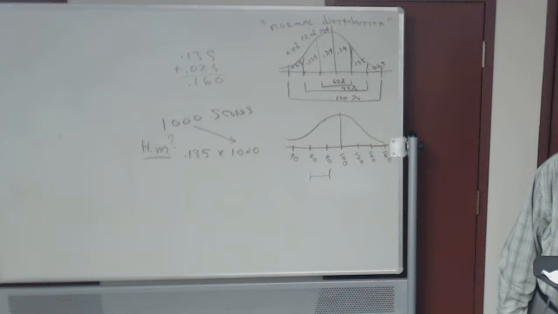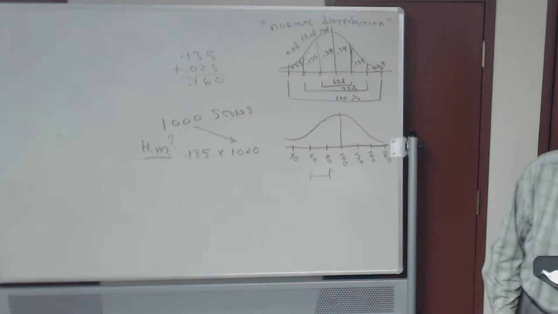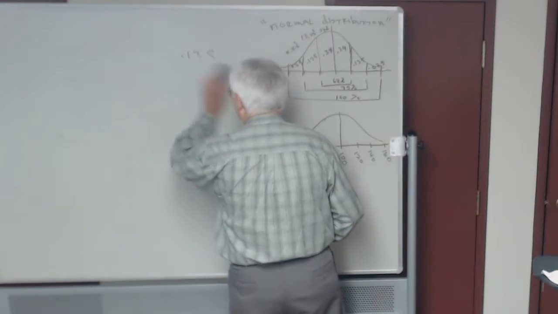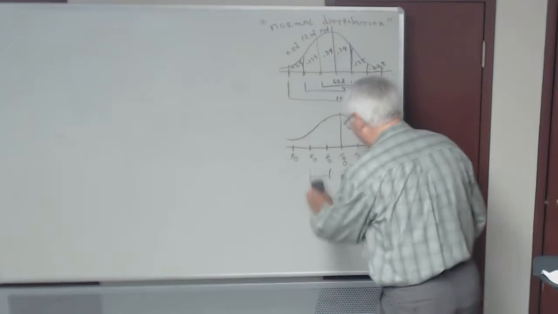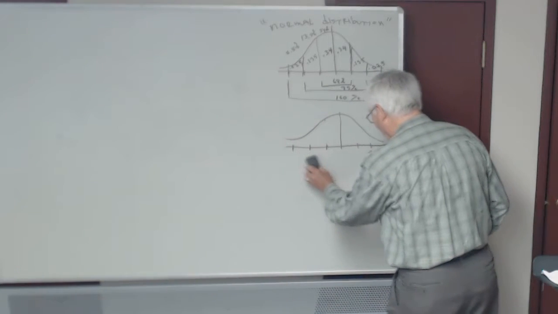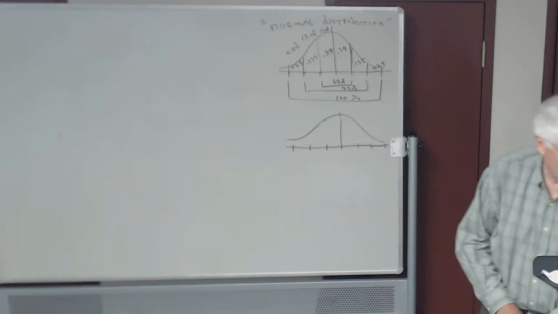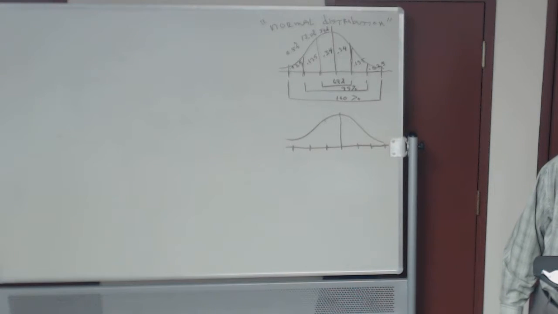Number 8, testing program shows that the breaking points of fishing line made from a certain plastic fiber are normally distributed. See, as soon as they say that, you understand what I do? As soon as I see that word normally distributed, I go back to another one of these little empty charts, and what do I put on it for number 8?